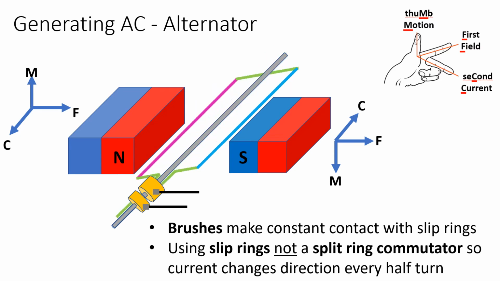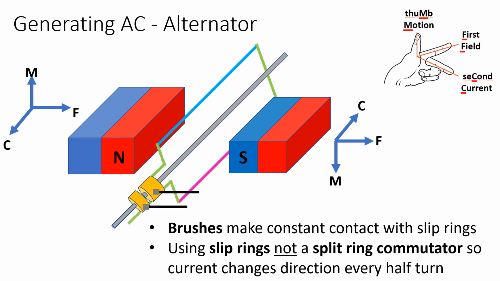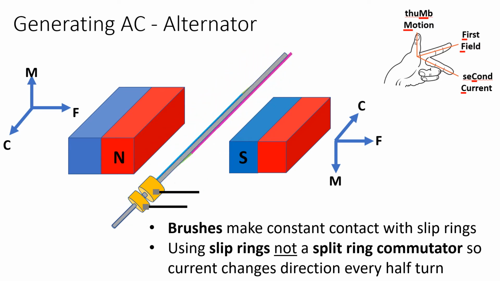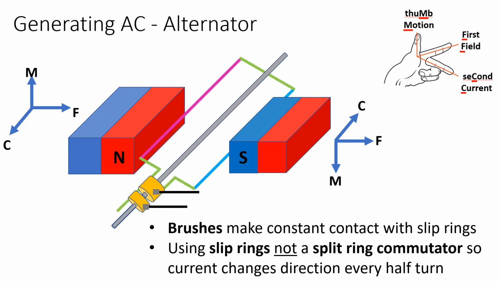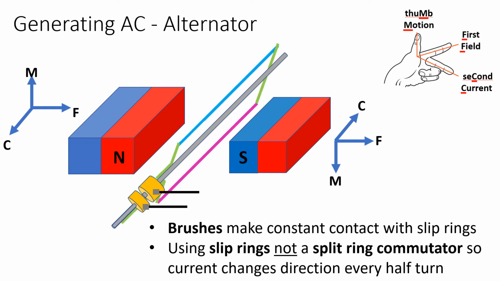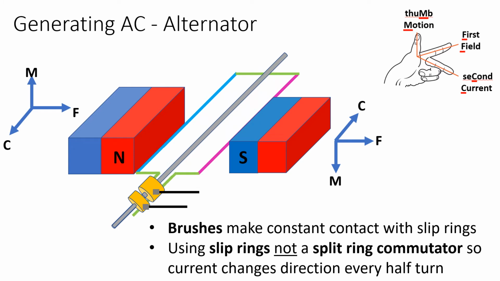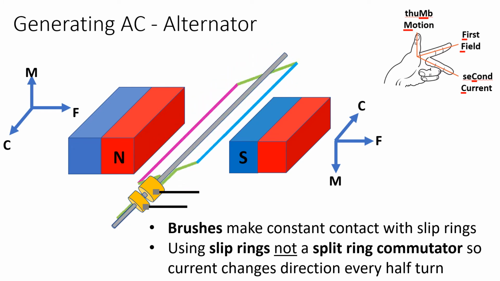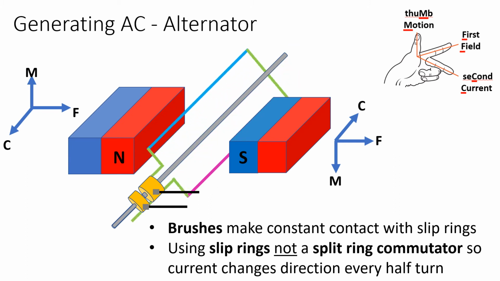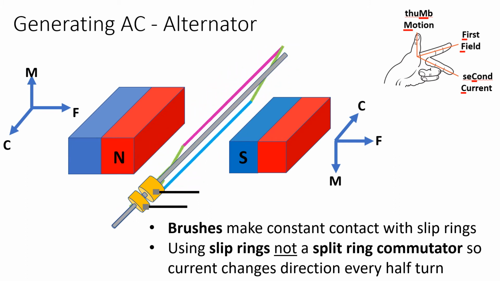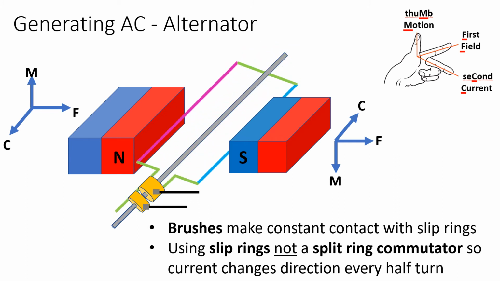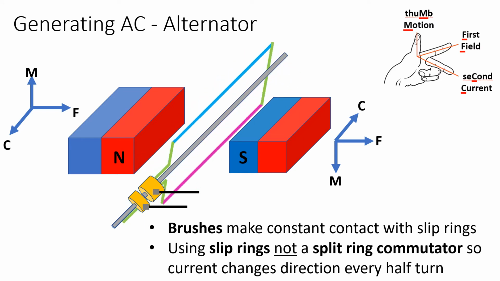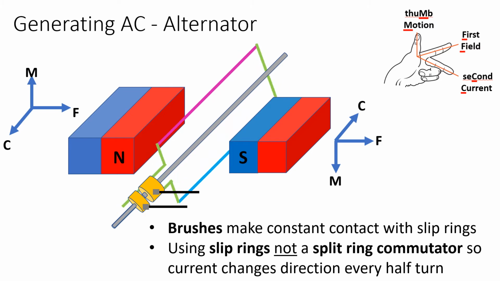When we have our alternator, we have our coil of wire rotating around. Now if you look, this is very similar to the structure, the format that you would get in terms of the motor effect, and very similar to the structure and format you get when looking at a dynamo. However, the subtle difference is if you look at the bottom of the diagram, we do not have a split ring commutator.